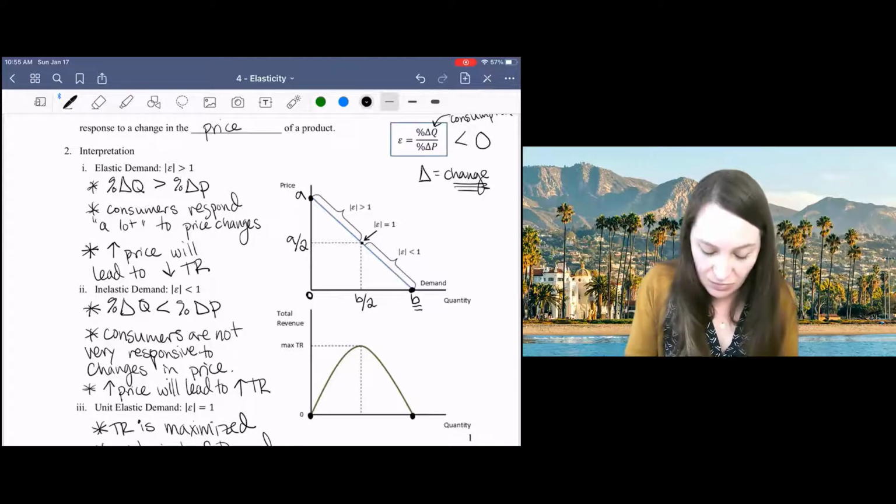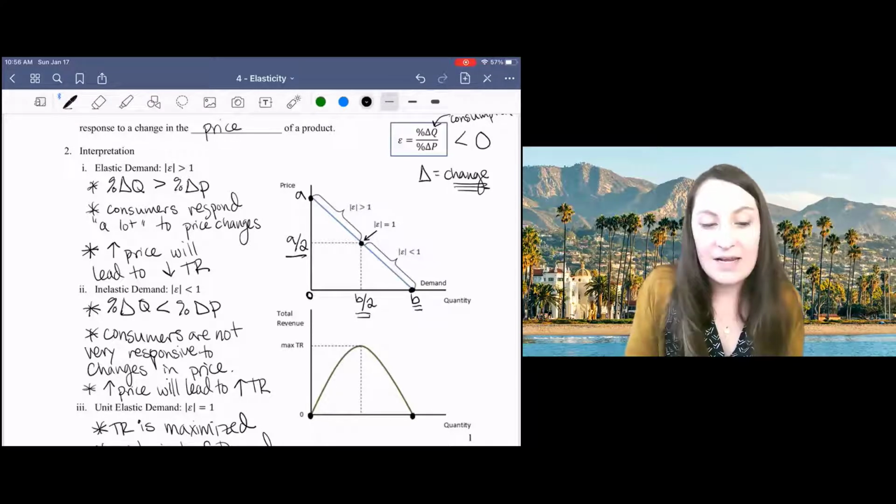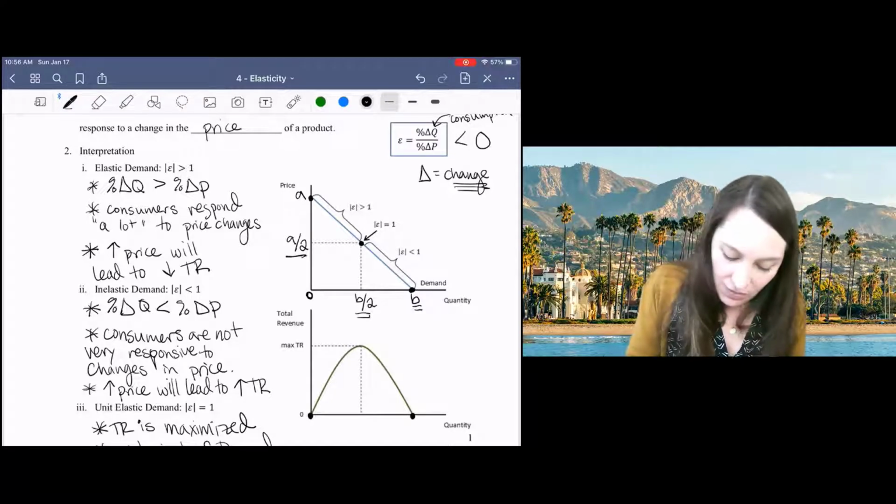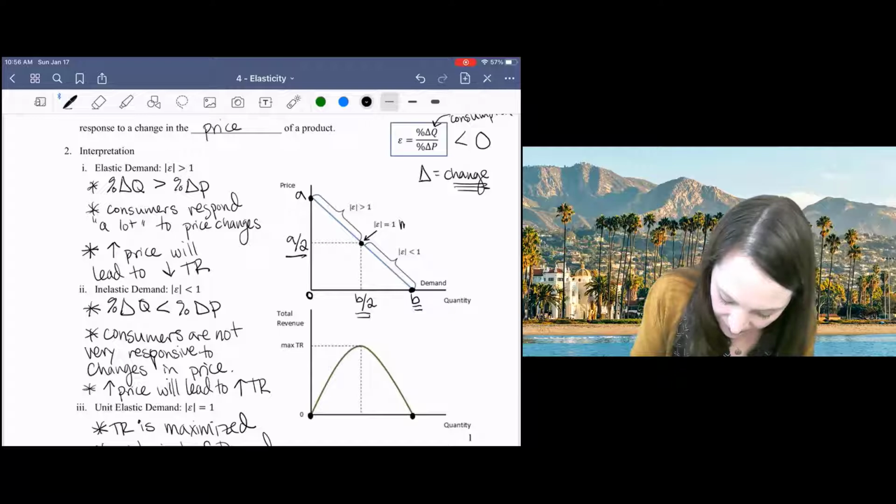So to find the midpoint of demand, you just divide the intercepts by 2, and you know that that will be where the unit elastic point is. Every point above that point will be elastic, and every point below that point will be inelastic.